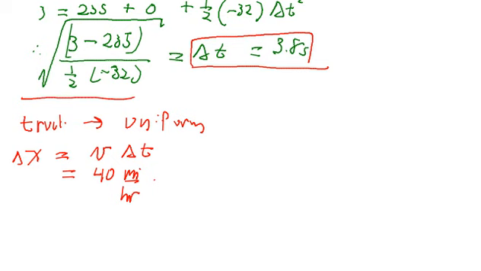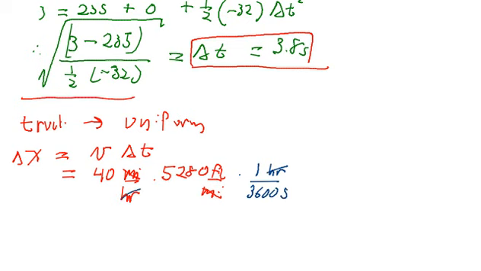So we remember that there is 5,280 feet in a mile. So that cancels the miles out. And we also remember that there is 1 hour in 3,600 seconds. So the hours cancel out.